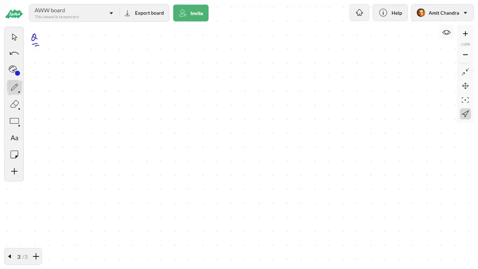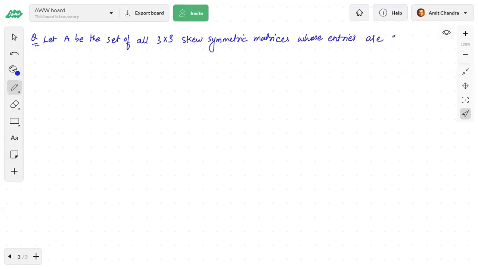Let A be the set of all 3 cross 3 skew symmetric matrices whose entries are either -1, 0 or 1.